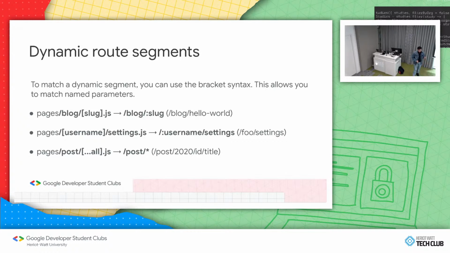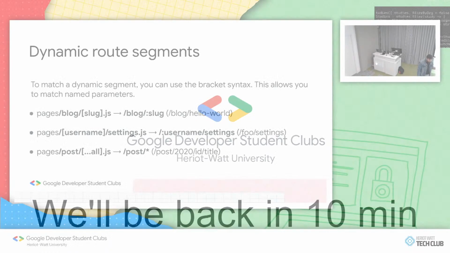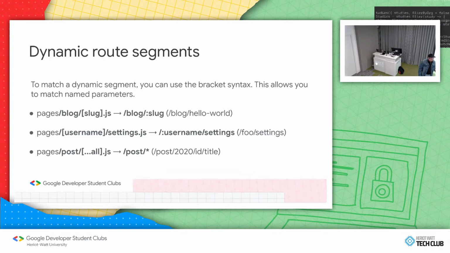route. So one interesting thing to note about routing in Next.js is that static routes are given preference over dynamic routes. So for example, you can take the first one, where you have pages slash blog slash slug.js. For example, we go to slash blog slash hello world.